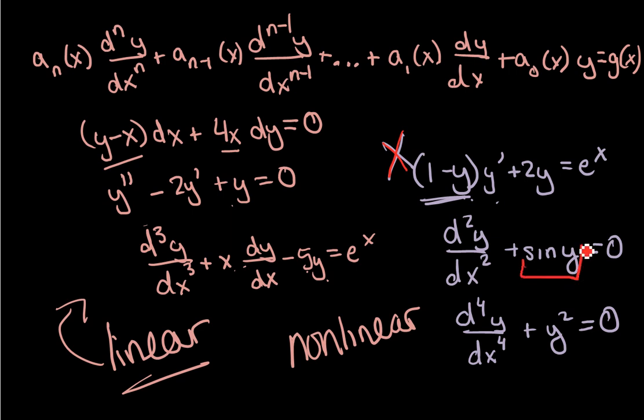Sine of y is a nonlinear function, so the whole differential equation becomes nonlinear. And here, it's a power of 2, not 1. Like I stated earlier, the dependent variable must always be a power of 1, and in this case it is 2, so this is a nonlinear equation. And this is your basic introduction to differential equations.